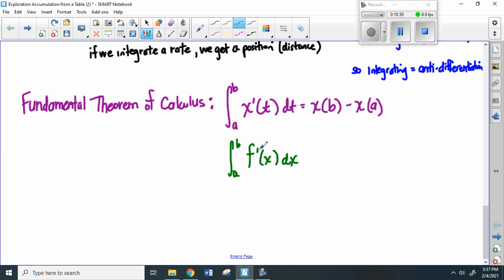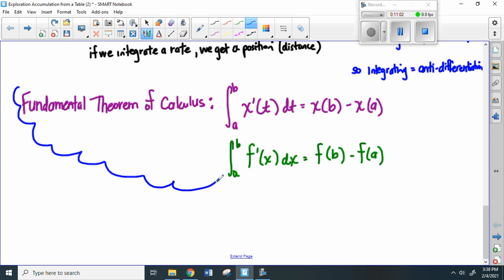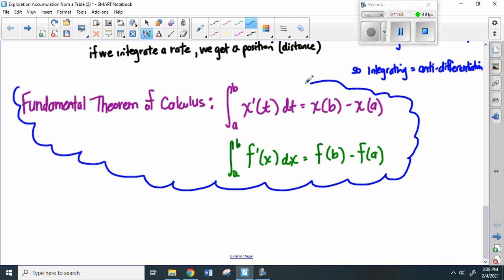If I have the derivative of it and I want to integrate it over an interval from a to b, this is called a definite integral, and it will take me back to the original function evaluated at the end of the interval minus the beginning of the interval. And that, again, is the fundamental theorem of calculus, and that is something you need to familiarize yourself with. We will be using that quite a bit from now on, okay?